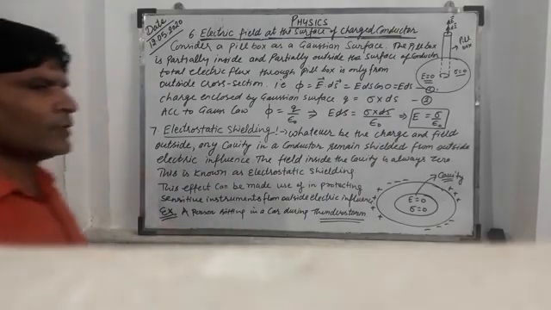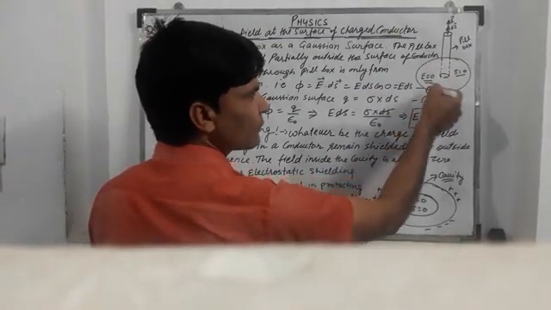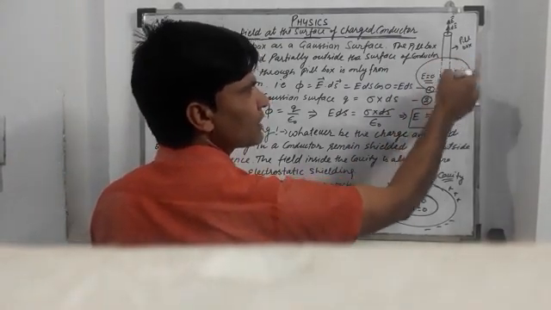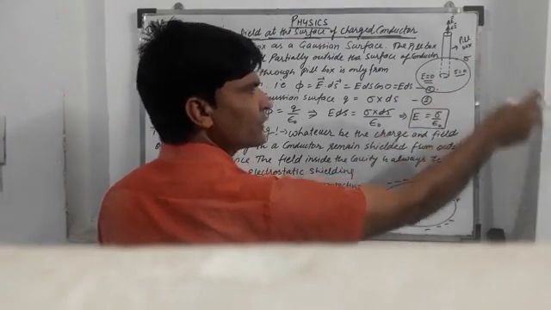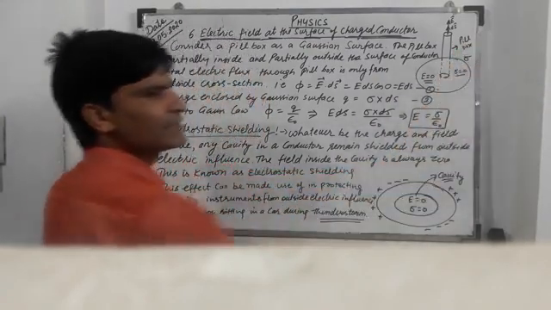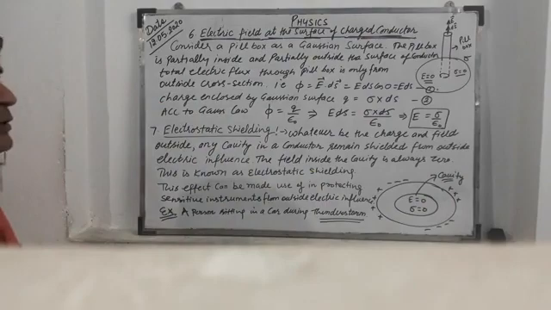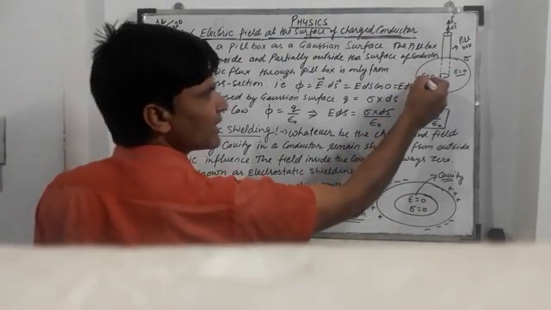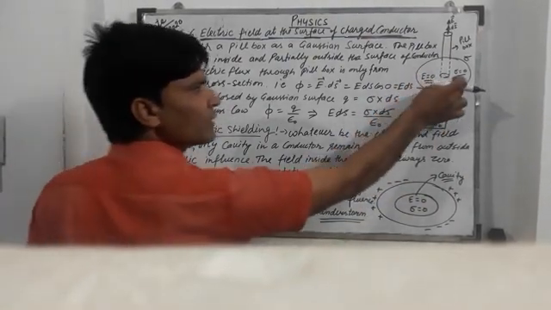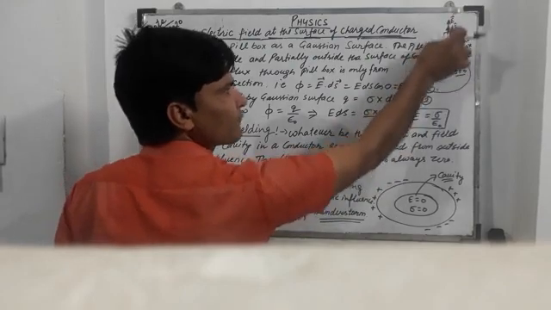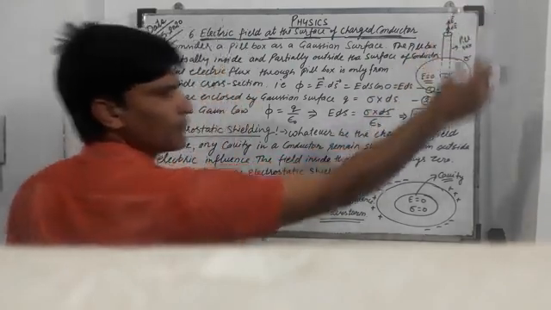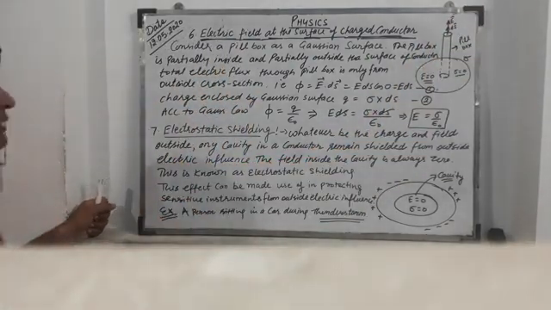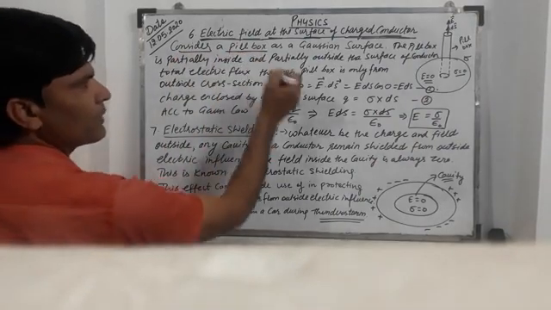For this, we consider the surface of a charged conductor with surface charge density sigma. To calculate the electric field, we draw a Gaussian surface in the form of a pillbox.